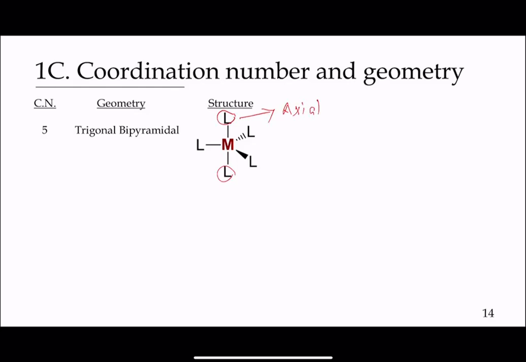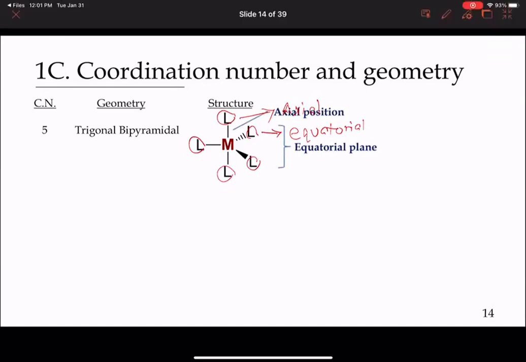Then we have 3 ligands in the equatorial position, which are on a plane perpendicular to our screen. So we have this ligand and this ligand, which are part of the equatorial plane. Because of these 2 different positionings, we have corresponding bond angles, so here it gets a little bit more complex.